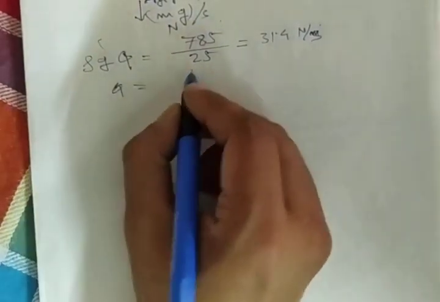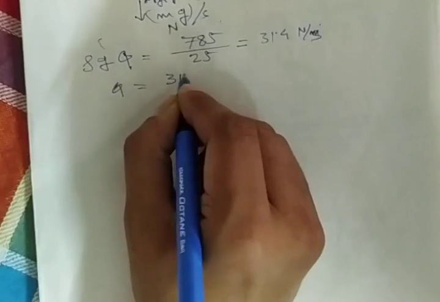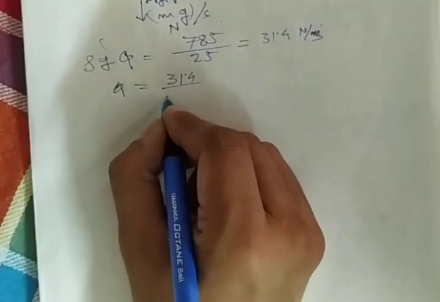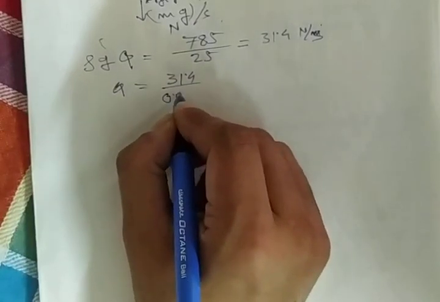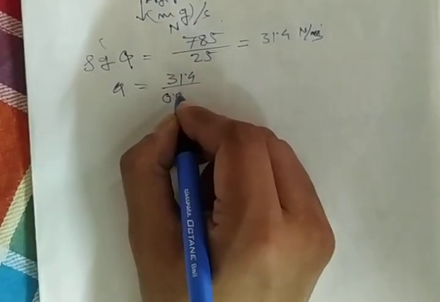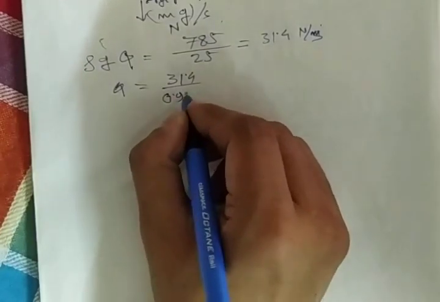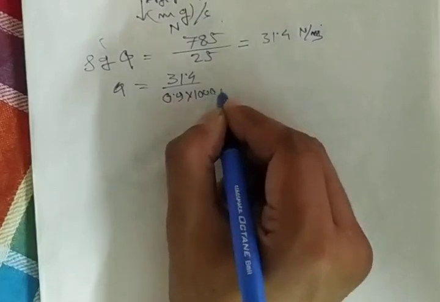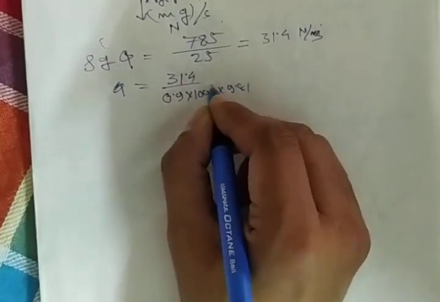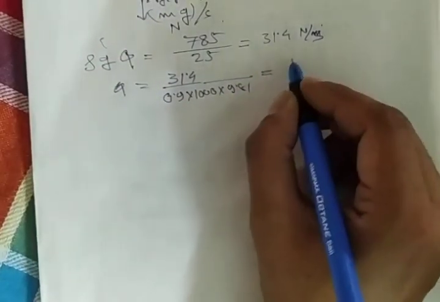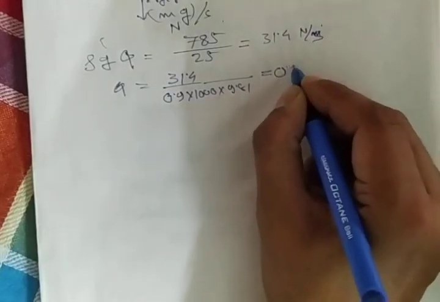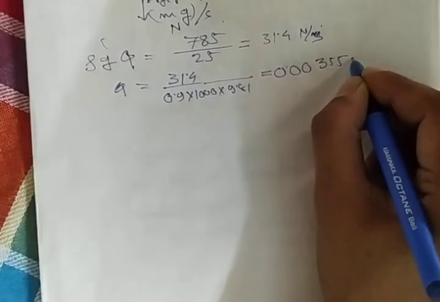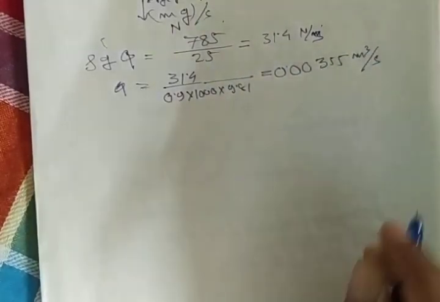So your Q will be 31.4 divided by density, 0.9 into 1000 into 9.81, and this will be 0.00355 meter cube per second.